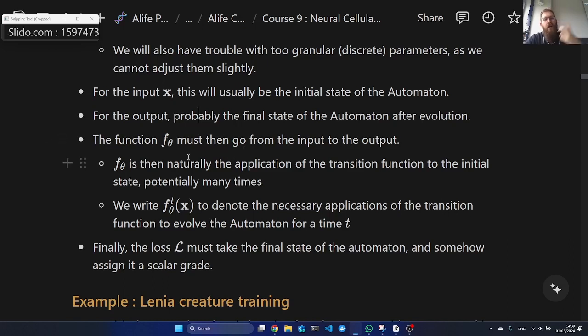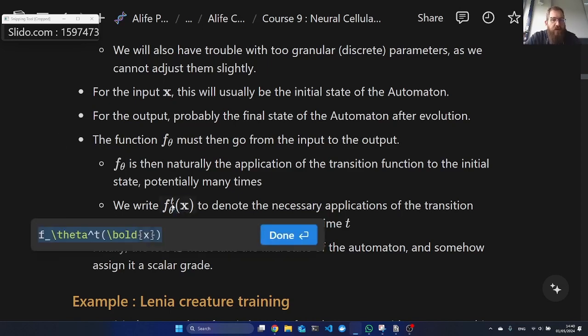The only thing is that we might want to apply the evolution of the cellular automaton many times before looking at the output, right? Because, for example, in Lenia, if I want to teach a creature to move, I need to do many evolution steps to see if it learned to move. I cannot just evaluate this after one evolution step.